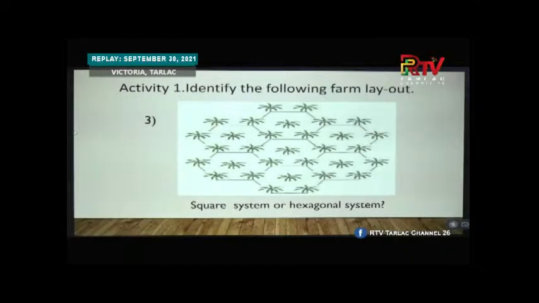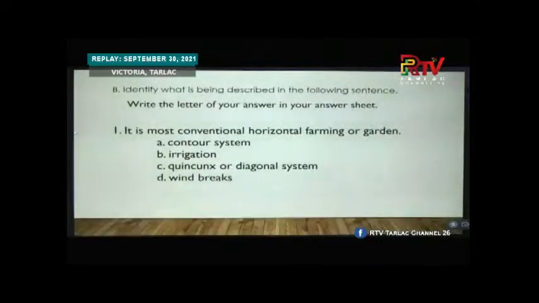For activity letter B, identify what is being described in the following sentence. I will read each question twice and write the letter of your answer in your answer sheet. Number 1. It is the most conventional horizontal farming or garden.